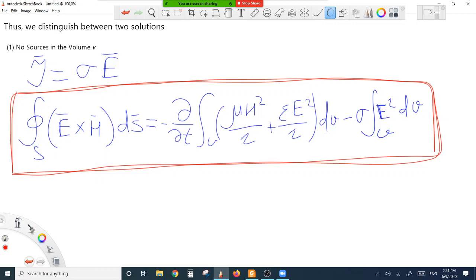We may note that both terms on the right hand side, the first term and the second term, are negative.